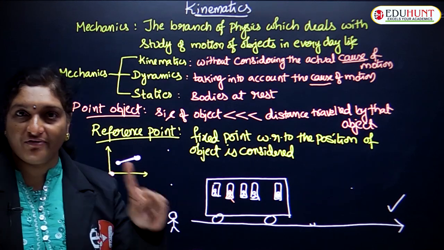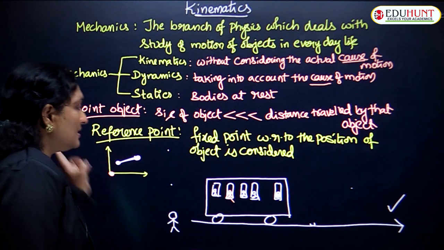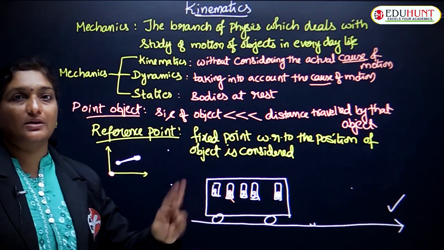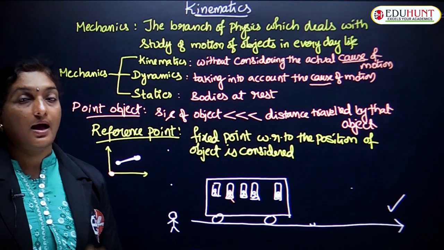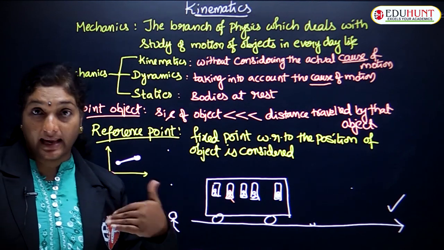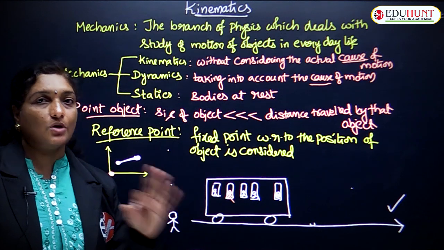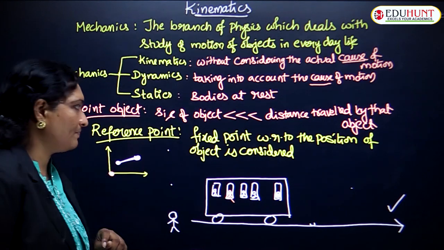One is the reference point. The other is the distance covered by the body with respect to the surroundings. And finally, the time taken, the time that has elapsed. So the motion of a body is calculated on these three factors.